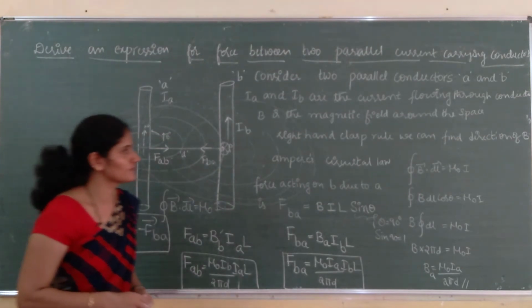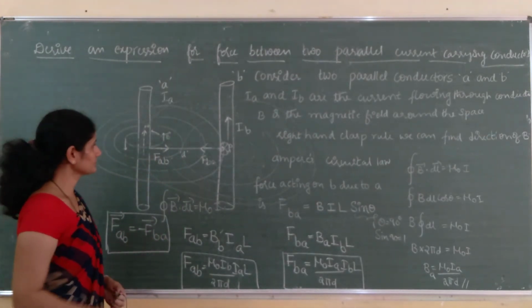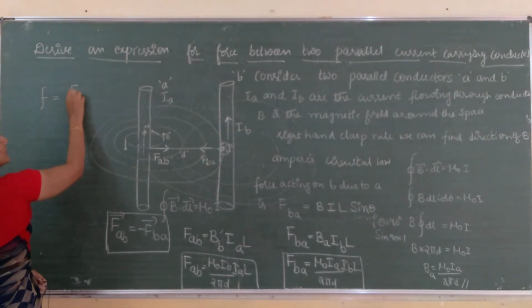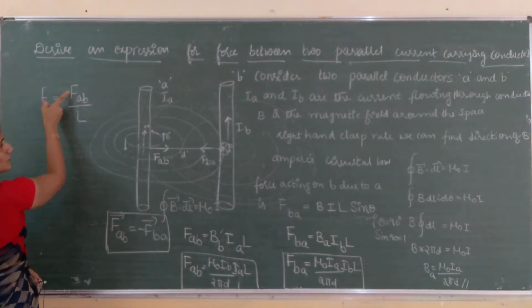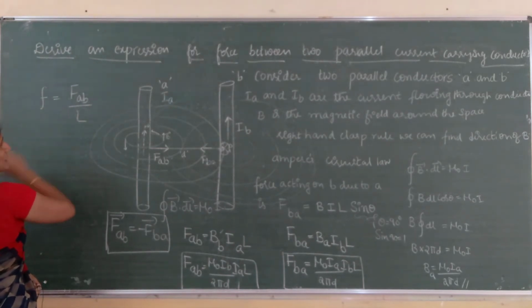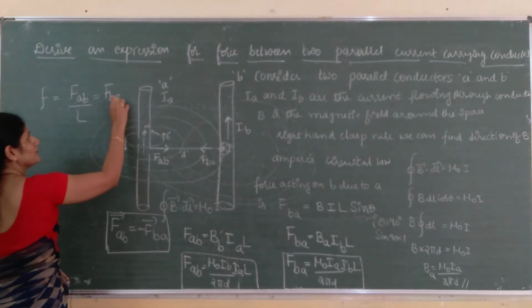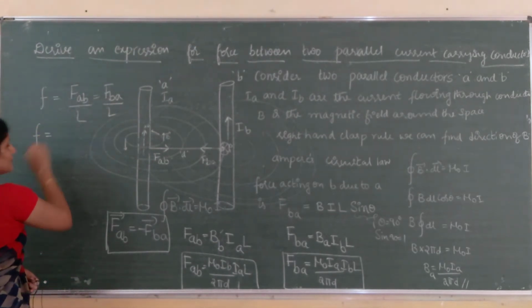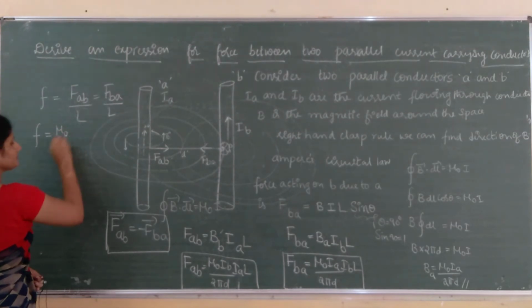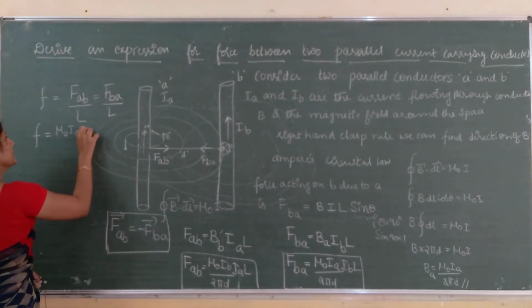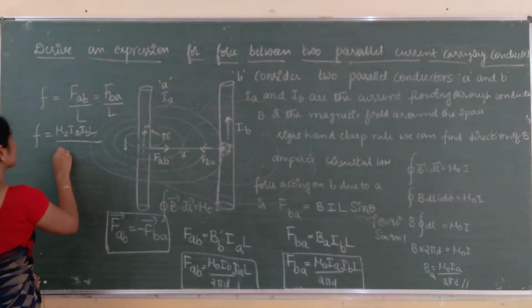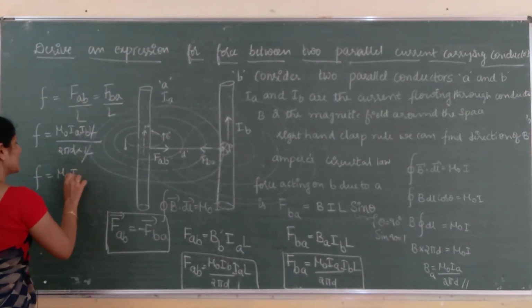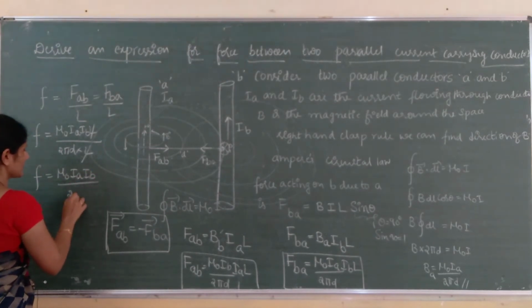Now, let us see the expression for force per unit length, that is F by L. Force per unit length, let it be small f, is equal to F_AB divided by L, which is the same as F_BA divided by L. So, force per unit length f is equal to mu naught I_A I_B into L divided by 2 pi d into L. L cancels, f is equal to mu naught I_A I_B divided by 2 pi d.